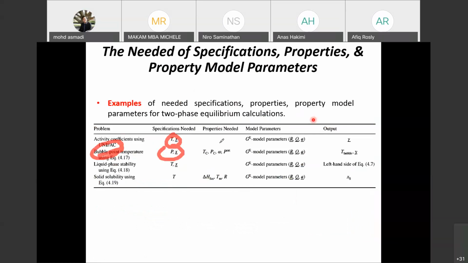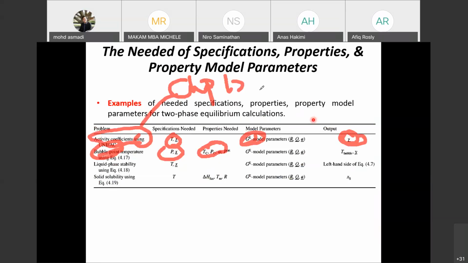This one, what you have: Tc, Pc, omega, P saturated. The model property is excess Gibbs energy, and the output is going to be the activity coefficient, because our problem is we want to calculate the activity coefficient. This one is chapter 12, to remember how to determine it. Bubble point, T bubble: this one is chapter 10.